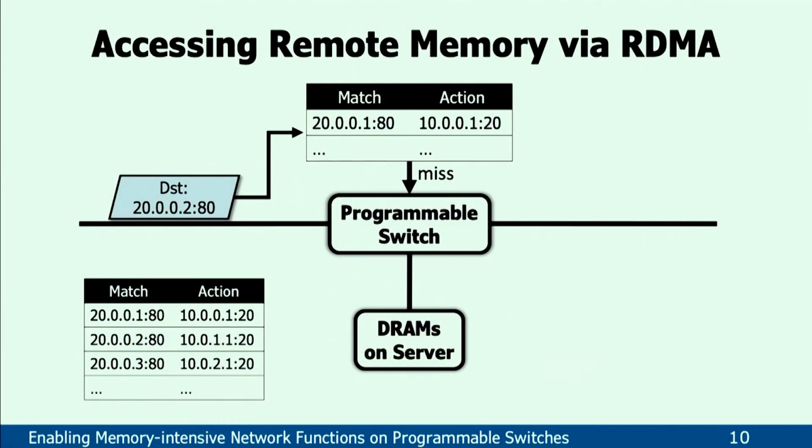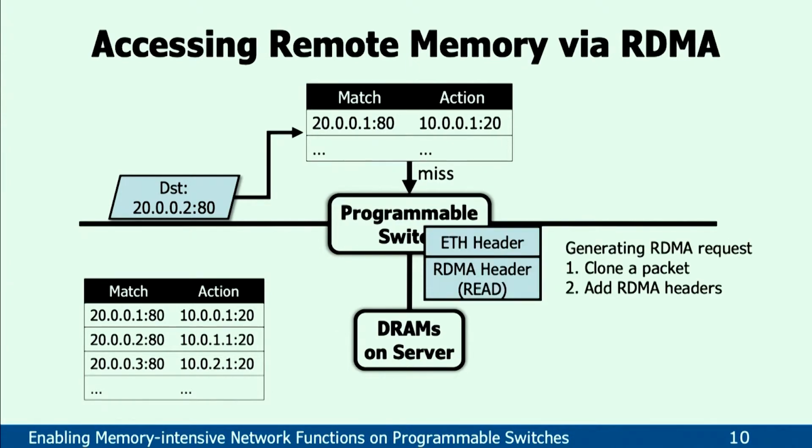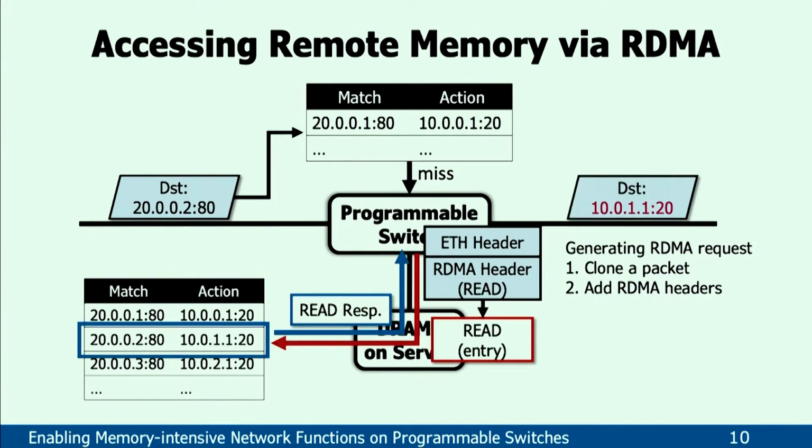Since the switch data plane cannot generate arbitrarily new packets, we decided to reuse incoming packets that triggered remote memory access. So to generate RDMA requests, we replicate an incoming packet and add RDMA headers on top of it. Then the RDMA read request will fetch the content from the remote table.